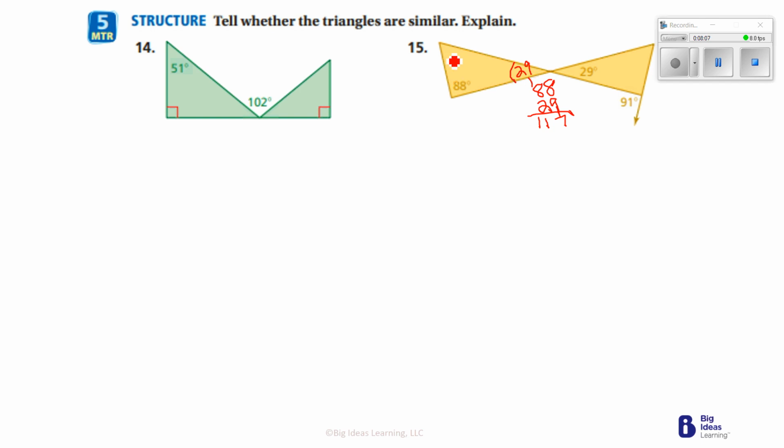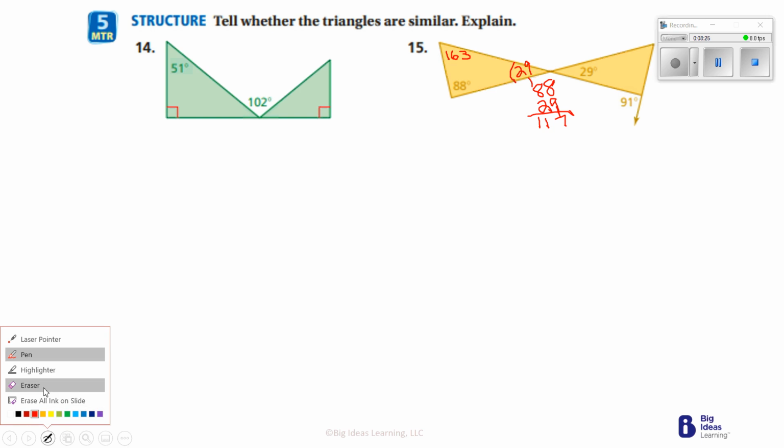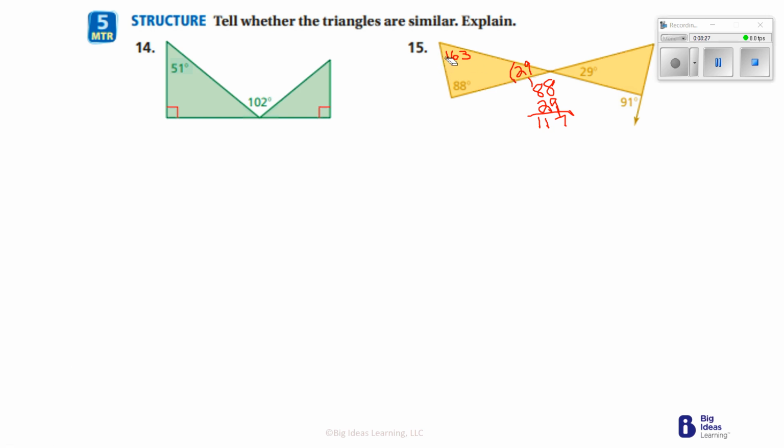So this has to be 163. And, oh, I'm sorry. That should just be 63, not 163, just 63. All right. Computed that wrong in my head for some reason. And let's change that to a 63. Okay.